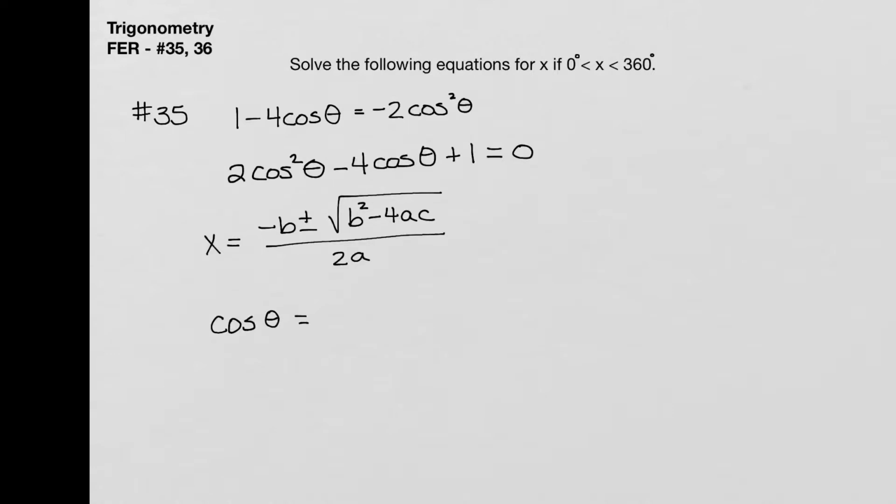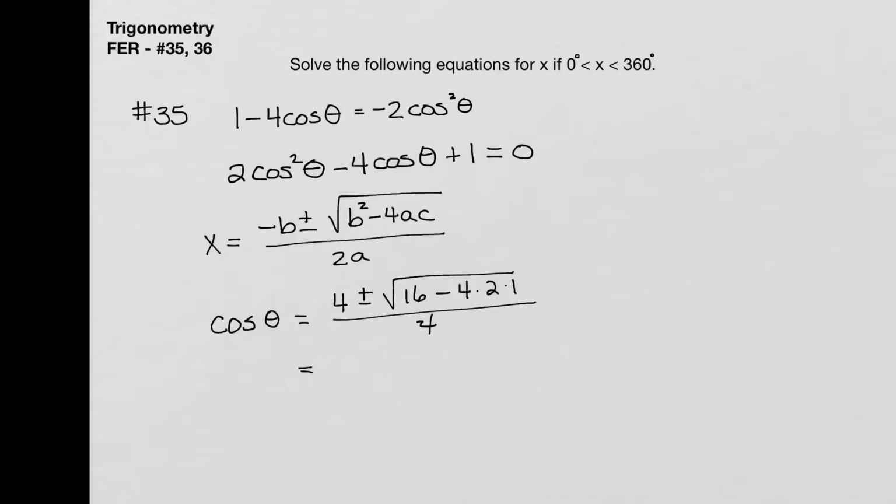So cosine theta equals -b, so that's a positive 4, plus or minus the square root of b squared, that's 16, minus 4 times a, which is 2, times c, which is 1, all over 2 times a, and that'll give me 4.